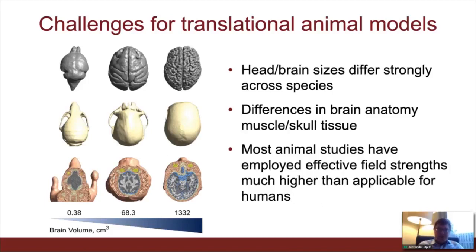And so there are just some challenges from the basic physics of it, because if you look at those slides and some head models of a human at the right and a non-human primate in red, you see the first big differences in overall head size, muscle, skull composition, and so on. And they will all have a big influence on what the electric field will be like at the level of the brain if you apply non-invasive brain stimulation.